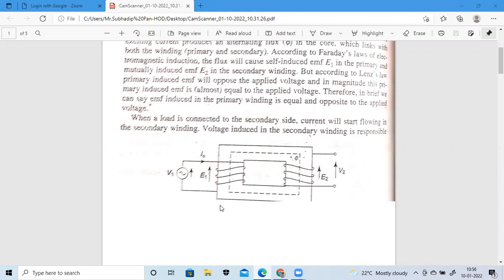Just put this value in the equation of electromagnetic induction and tell me the RMS value of the EMF induced, E1. Anyone, just try this equation.